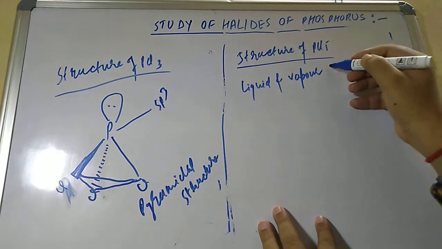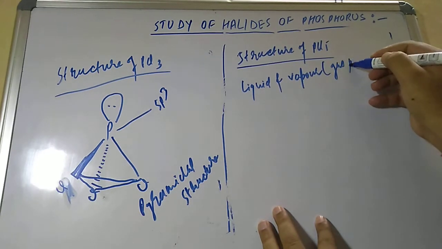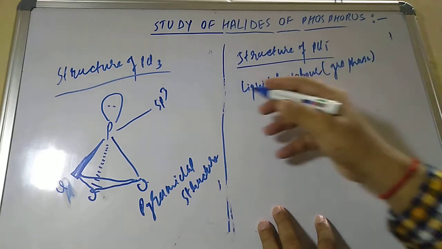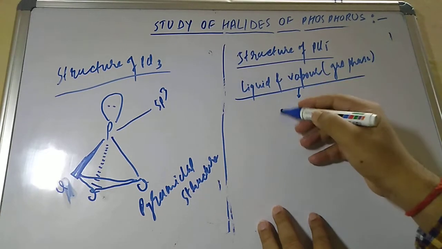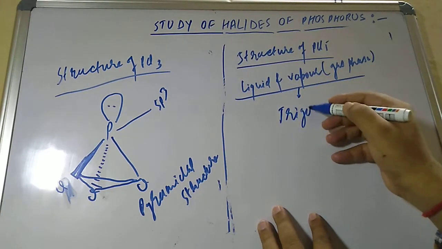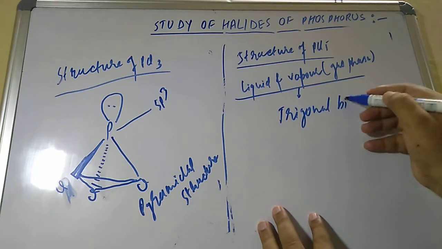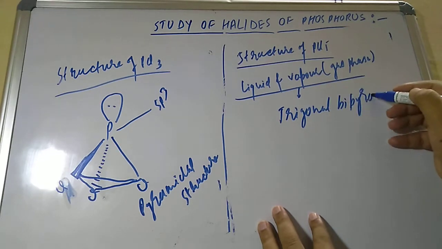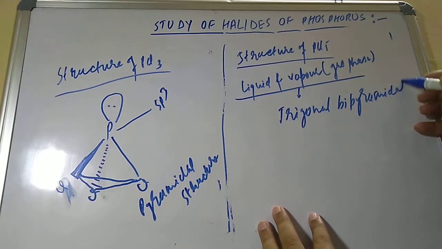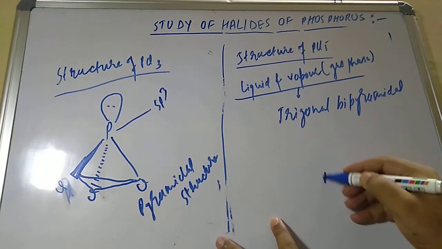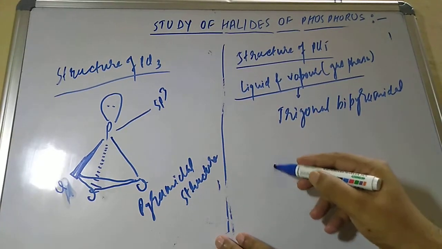Vapor phase means gas phase. So the liquid and gas phase has trigonal bipyramidal structure. How can you draw this one? You can easily draw it like this.